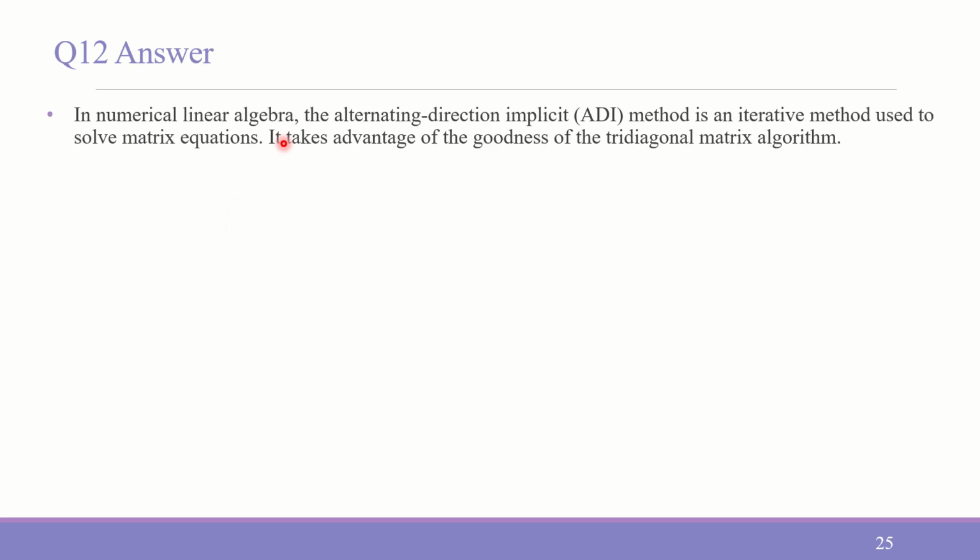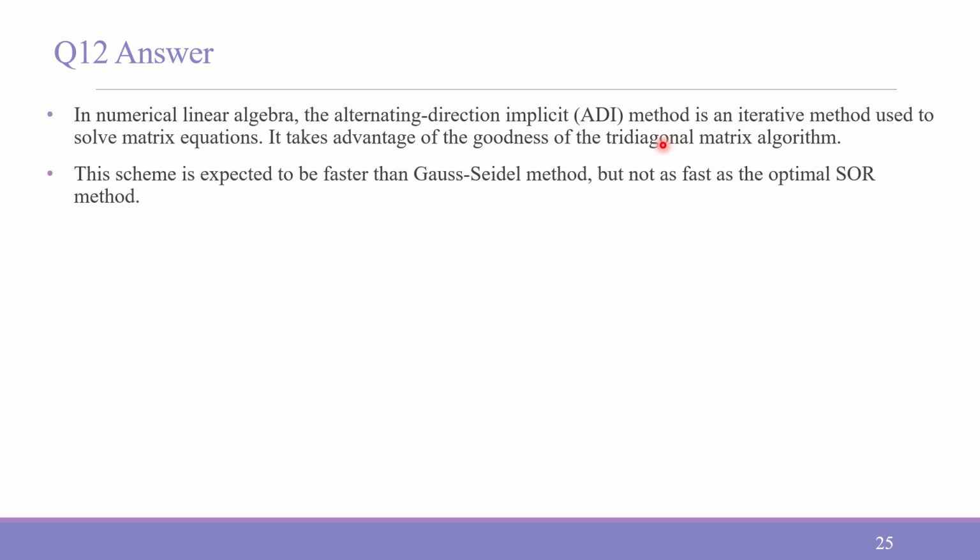In numerical linear algebra, the alternating direction implicit method, the ADI method, is an iterative method used to solve matrix equations. It takes advantage of the tridiagonal matrix algorithm. This scheme is expected to be faster than the Gauss-Seidel method but not as fast as the optimal SOR method.